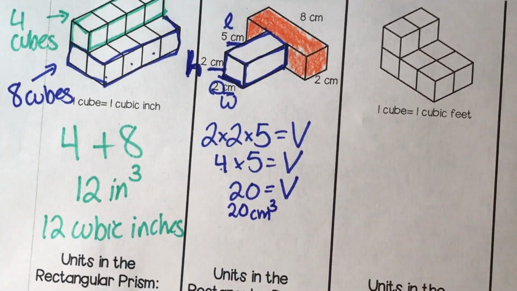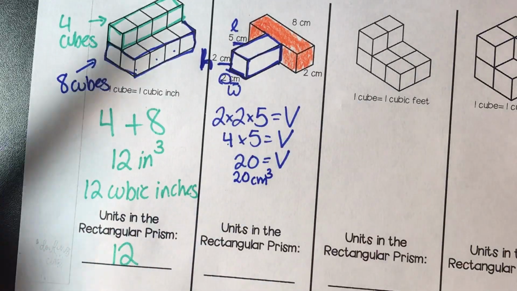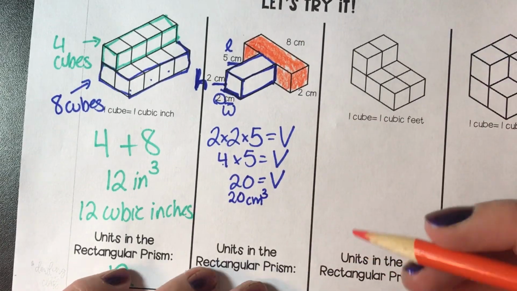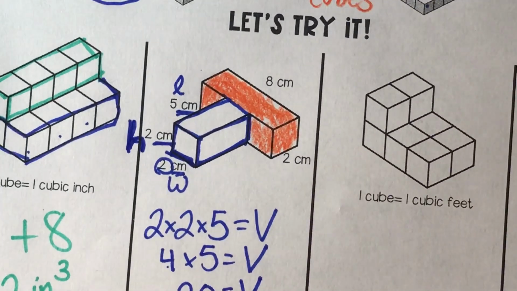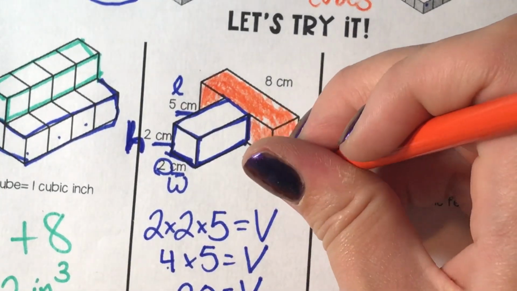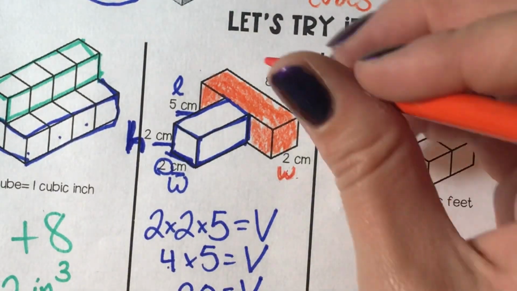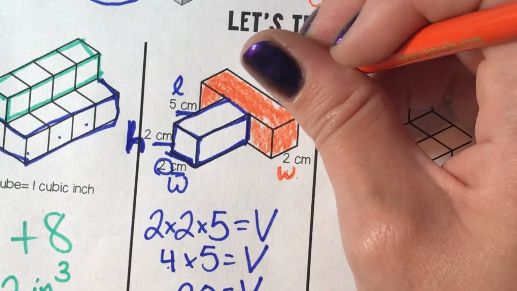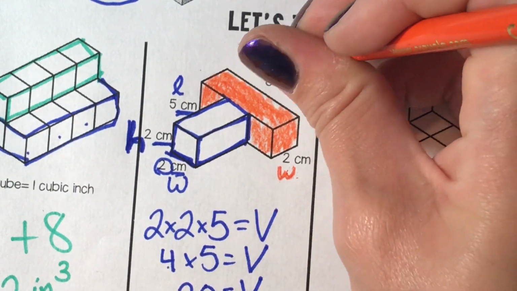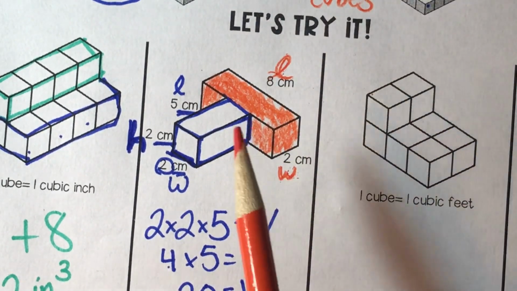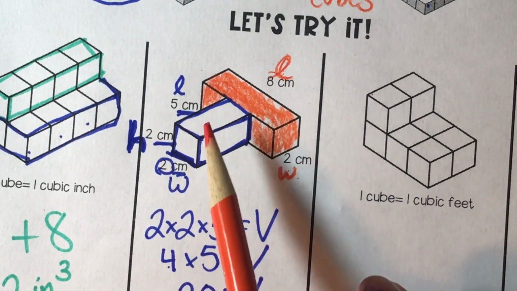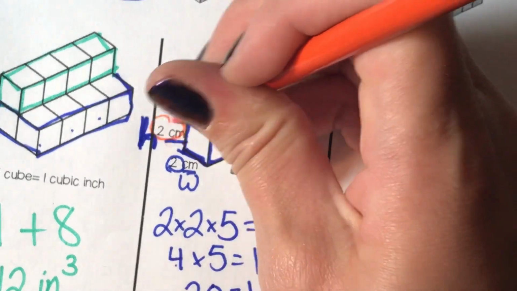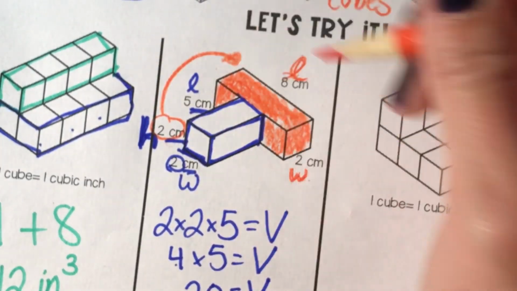And now I got to figure out for the orange shape. So I'm going to pretend that I don't see the blue shape so I can get the correct measurements for this one. So actually I'm going to zoom back in. So over here, this is 2 centimeters is the width. 8 centimeters is the length. And I don't have another one telling me the height, but wait, actually, since it's all the same height, this 2 centimeters from over here applies to this shape.